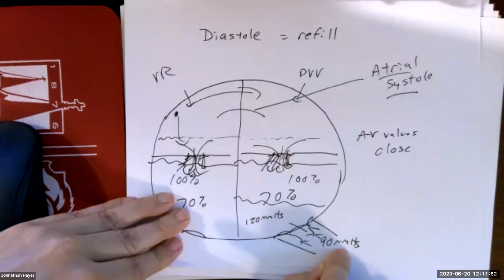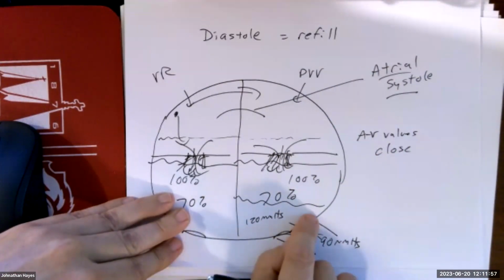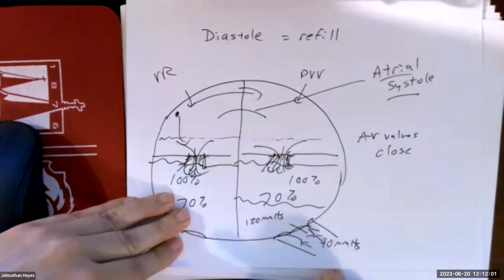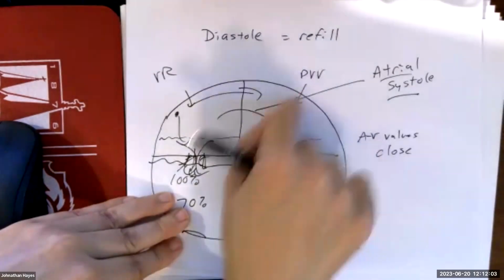This isn't going to really change. Once this number becomes greater than this number, then this valve will shut, right? This valve will then open because blood has left and the pressure in here is decreased, and we'll start refilling again, right? So let's do it one more time.